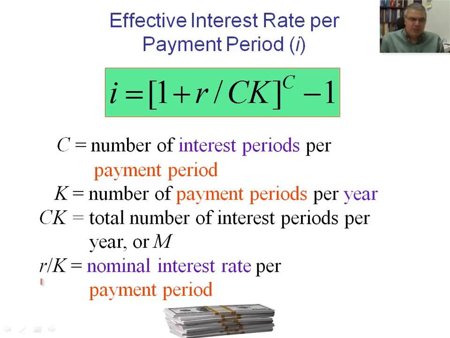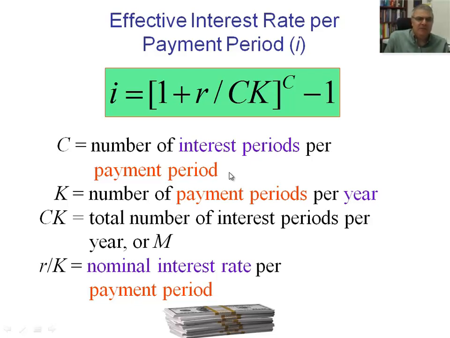As you can see here, the formula is given in the green bracket. So that's the formula. In this formula, the unknowns are defined as such. C, capital C, is the number of interest periods per payment period. Capital K is the number of payment periods per year.